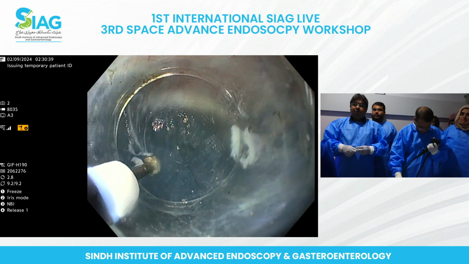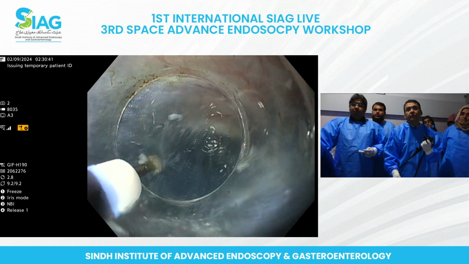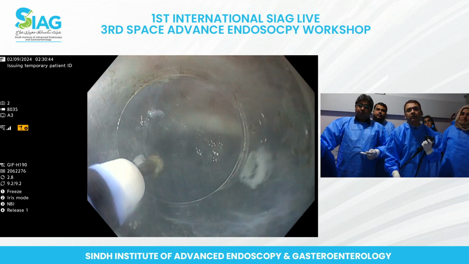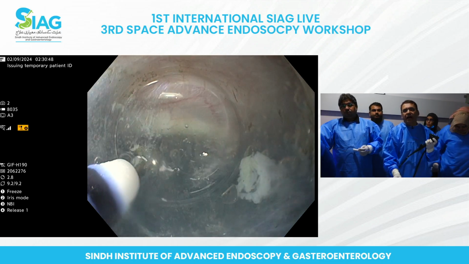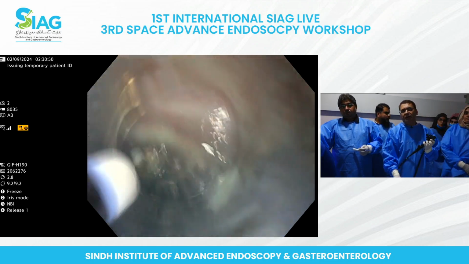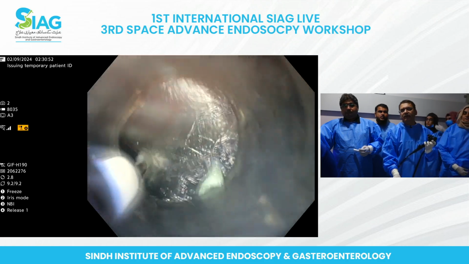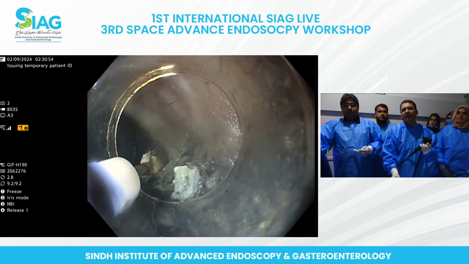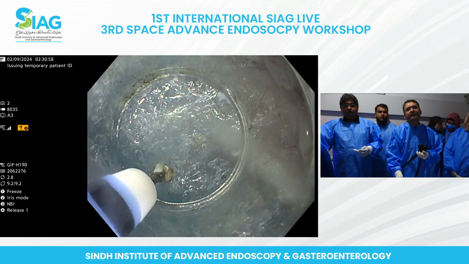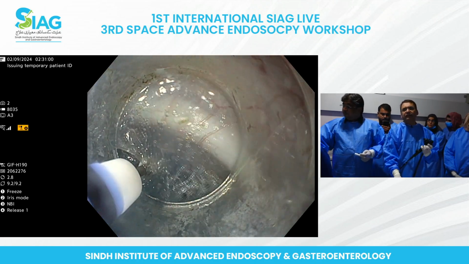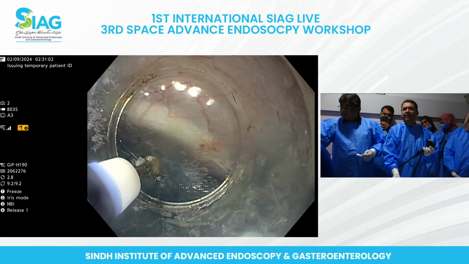Khalid, the knife preferences and system preferences when you're doing POEM? So I usually start with the RB. Really, I like the RB for this. And even for GPOEMs, I like the RB knife. One of the major reasons is, if I'm doing an ESD, my preference may be different.